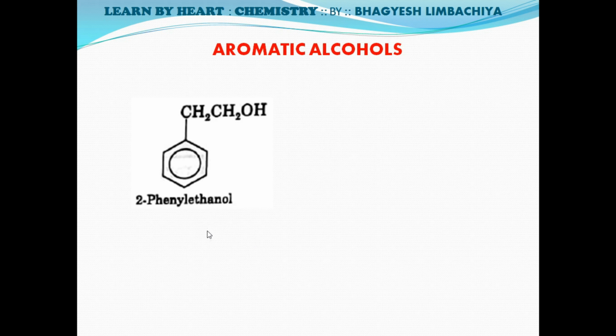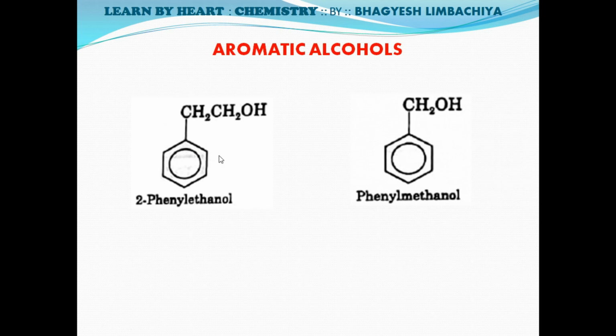Next are aromatic alcohols. First is 2-phenyl ethanol. The OH-containing carbon is given the first number, and on the second carbon there is the phenyl group, so it is known as 2-phenyl ethanol. Similarly, next is phenyl methanol.